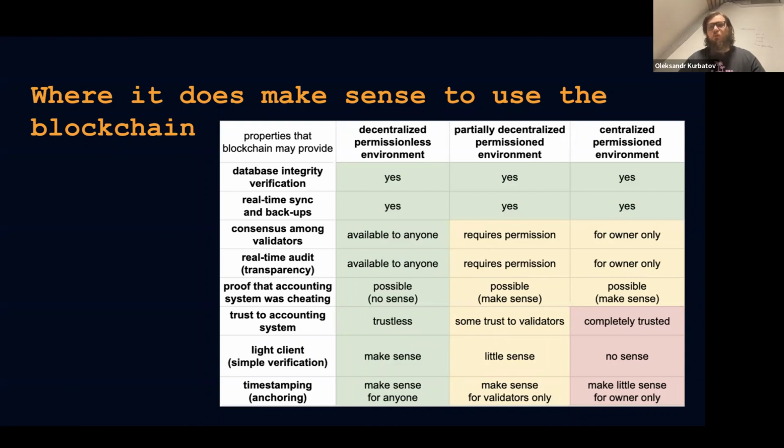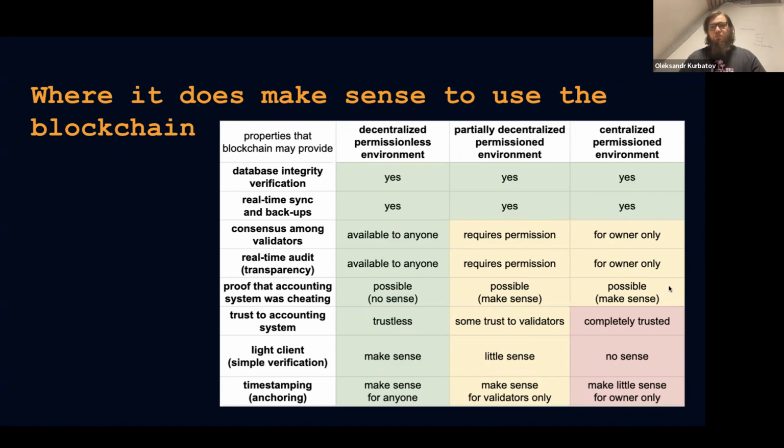You can keep only block headers without any additional data, and prove that some transaction was added to the blockchain itself. In a permissionless environment, this functionality can be developed, but it doesn't make as much sense as in the previous example.